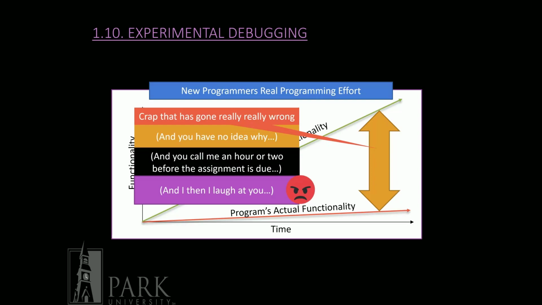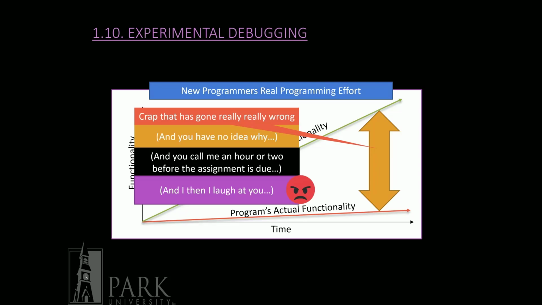No, I won't laugh at you, but seriously, you've got to start early, and you've got to expect that you're going to have a lot of these problems. You're going to have a lot of errors, and you're going to get to the end and be like, my code doesn't work. It's got 57 errors and I have no idea why. That's why you've got to do it one bit at a time.